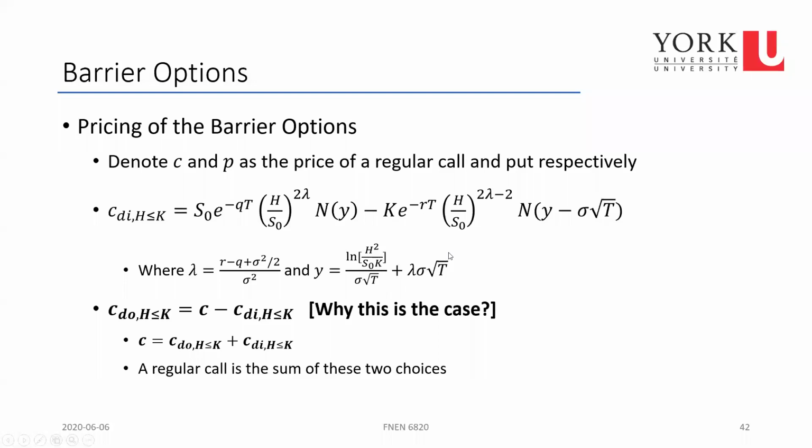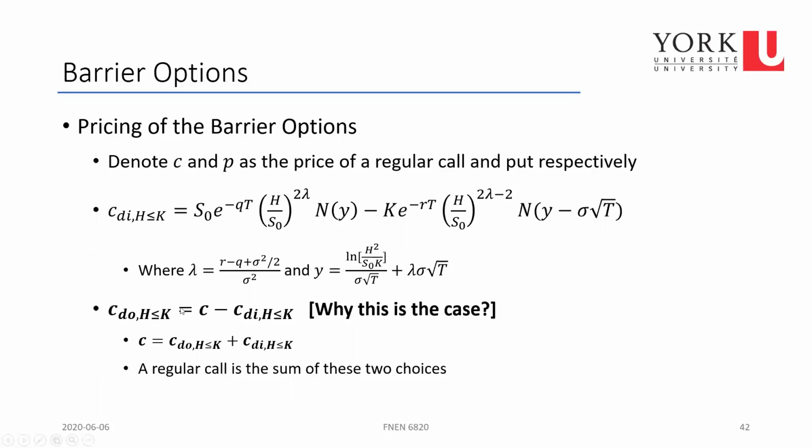Okay. Now, suppose we know the price, given everything here, so we can calculate the price of the down and in option with this. So then the question is, what's the down and out option with this barrier condition?